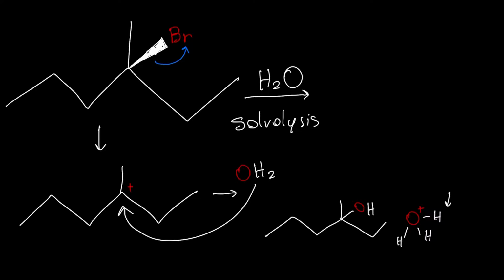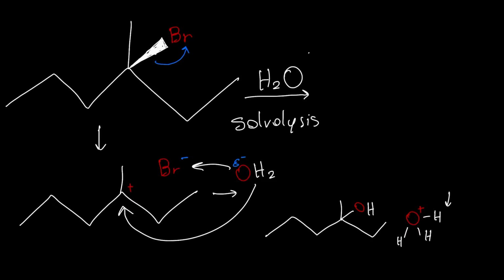However, remember that when the bromine got off, the bromine itself turned into a negative ion. If the water wants to attack the carbocation from the front, it's going to hit the repelling force of the bromine. Since the oxygen is partially negatively charged, it's going to be repelled by the negative charge of the bromine. So it's going to have a hard time approaching the carbocation from the direction which the bromine came from.